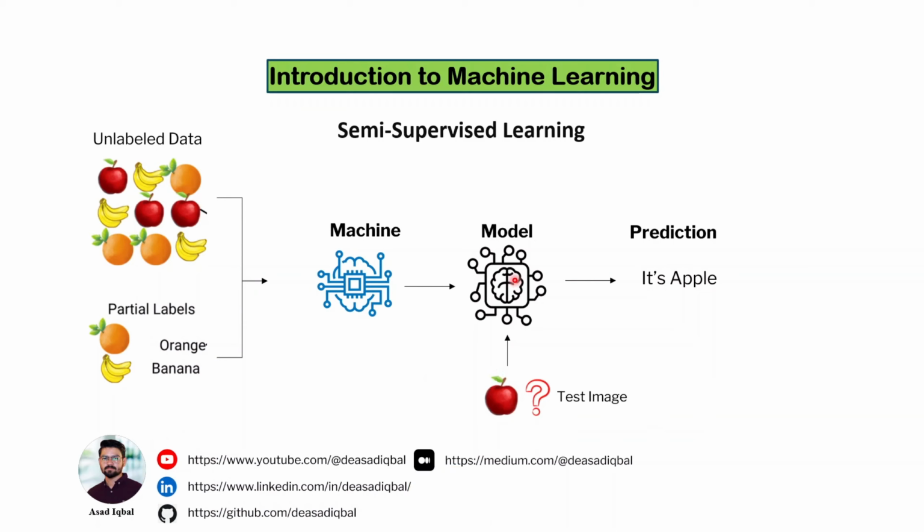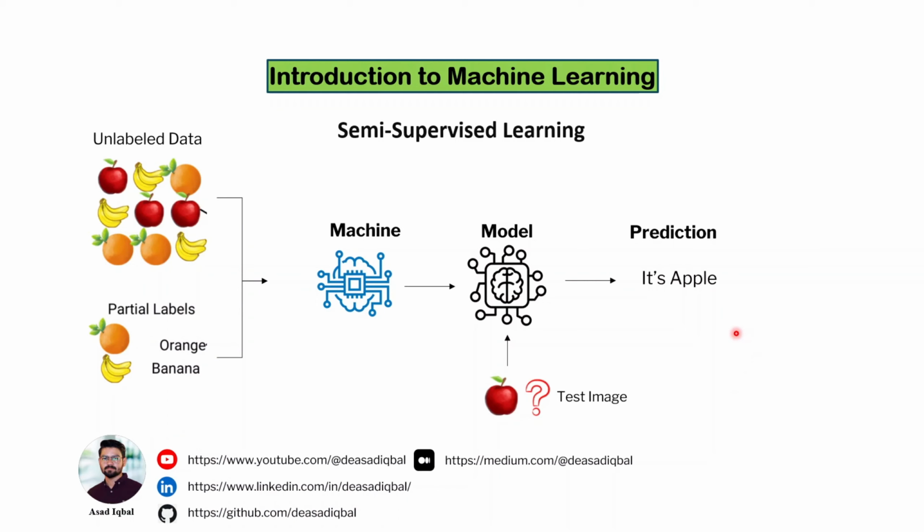When we provide this image, the model will first try to identify whether it is a banana. If it does not match the similarities, it will go to the orange. If it does not match the similarities again, it will put this test image into the category of apples, and it predicts that it's an apple. This is the process of the semi-supervised learning technique to identify the object.